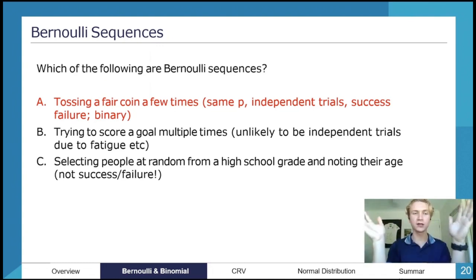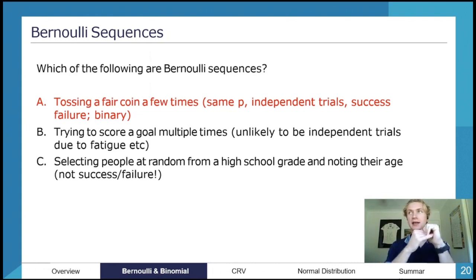However, when we look at B, trying to score a goal multiple times, this is unlikely to be independent. The reason I say that is if you've scored a goal, it's going to give you confidence, and you're probably going to be more likely to score a goal in the future, like athletes who start doing well are more likely to keep going and do well. Also, the probability is therefore not going to be constant. You're going to be tired by the end of it, so the chance of scoring a goal might be higher or lower at the end, depending on your level of fatigue versus the goalkeeper's.